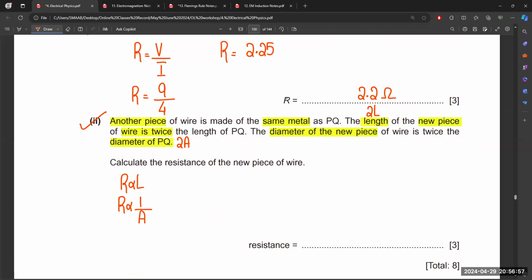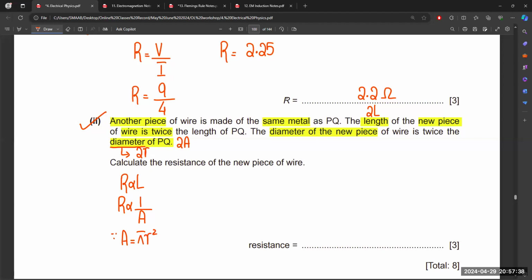So now what actually happens, we know diameter is given, and diameter is twice the radius. Resistance is directly proportional to the length and inversely proportional to the area. But diameter is given, area is not given, right? So diameter is 2 times the radius, and area is equal to pi r square.